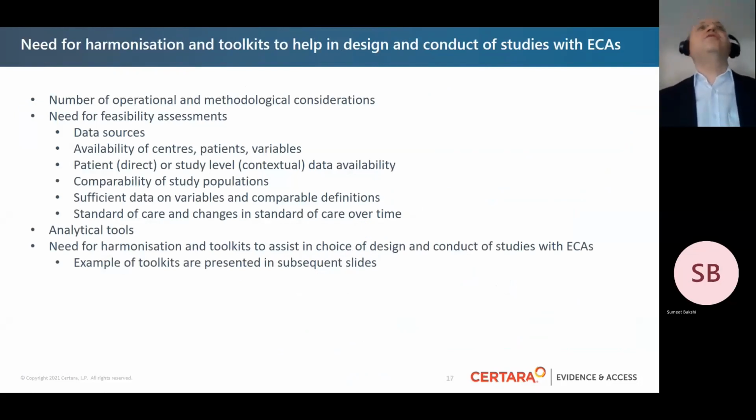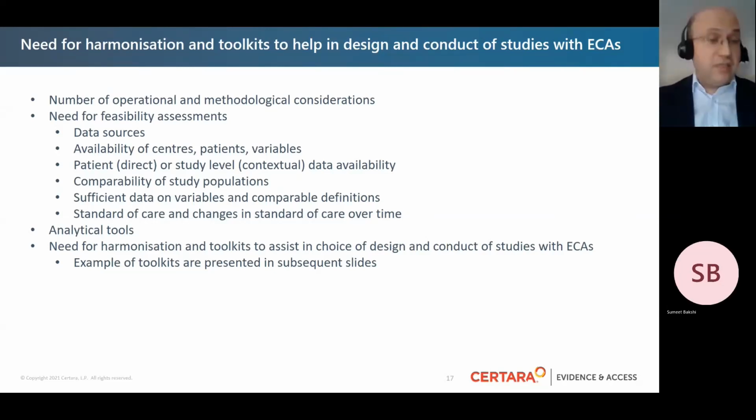As you can see through all these guidances or case studies, there are a number of operational and methodological considerations that need to be taken into account. The need for feasibility assessment is crucial in terms of data sources, availability of centers, patients, variables, comparability of study populations, sufficient data on key variables, and understanding of standard of care and changes in standard of care.